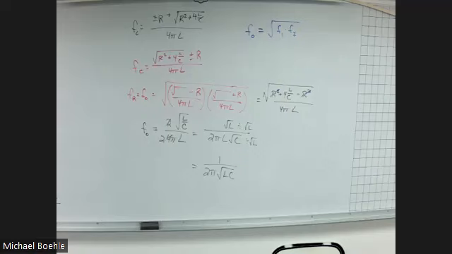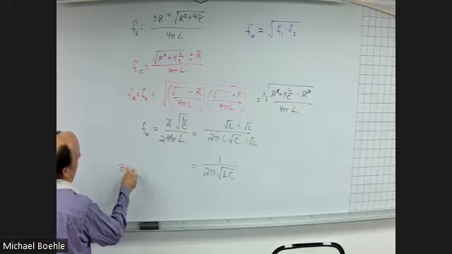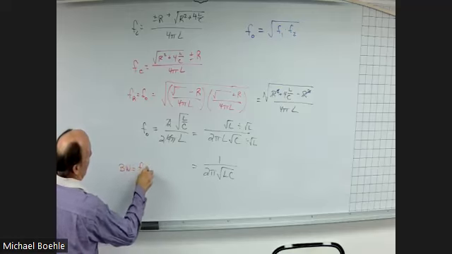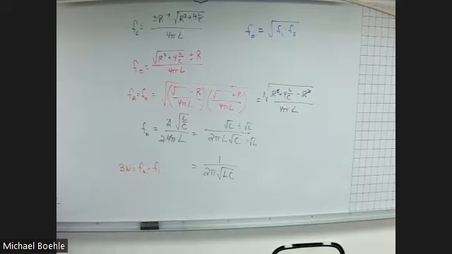But wait, there's more. All right, so that looks pretty good proof to me, right? What's the bandwidth? Bandwidth is upper cutoff frequency minus the lower cutoff frequency.